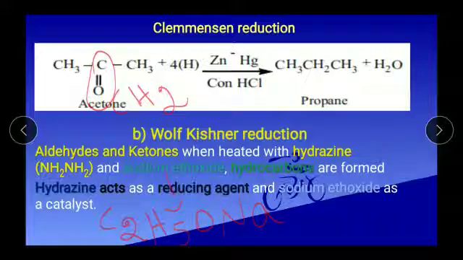In this reaction, the hydrazine acts as a reducing agent and the sodium ethoxide as a catalyst. Let us see the example.